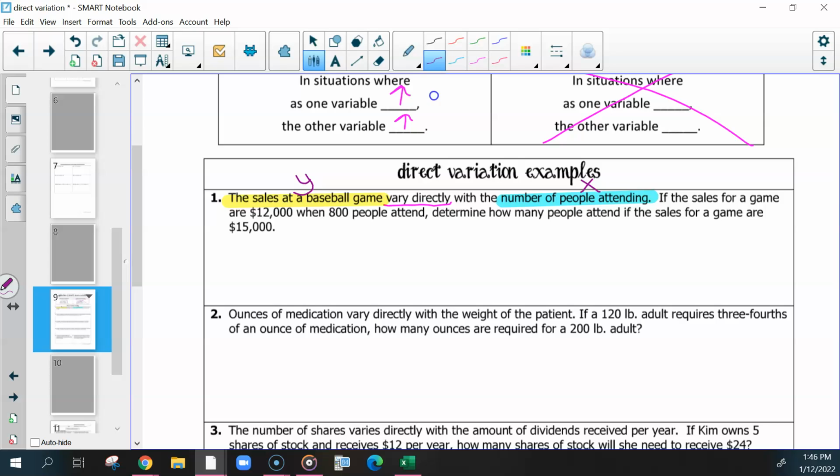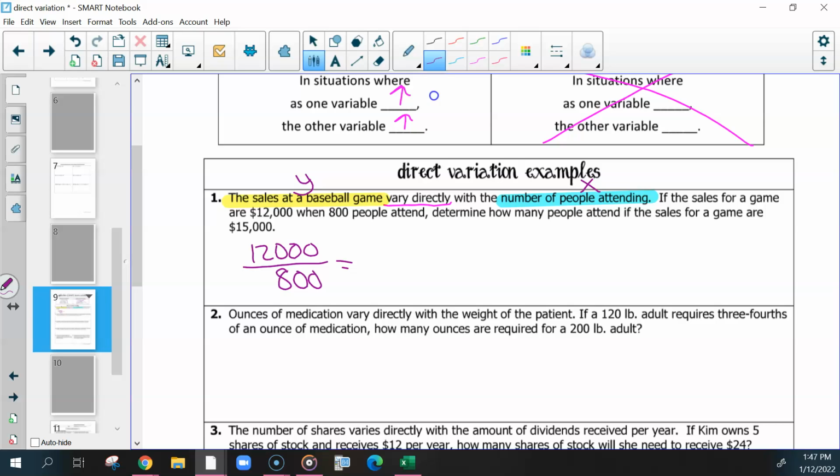So if we are using proportions, the next part of this, the sales are 12,000, so that would be our y. The number of people attending are 800. So we can set that equal to, in the second part of this, we don't know how many people are attending.